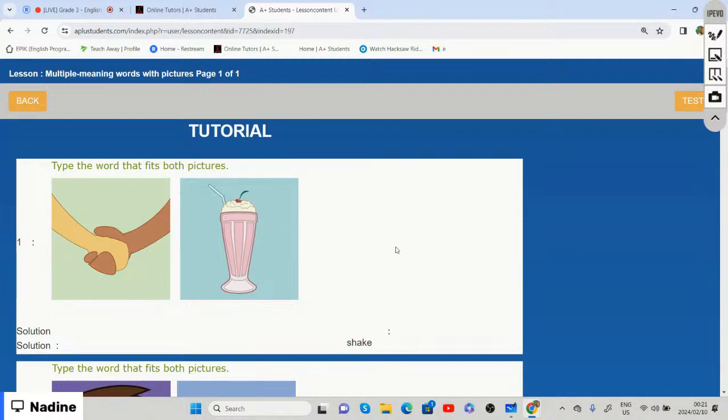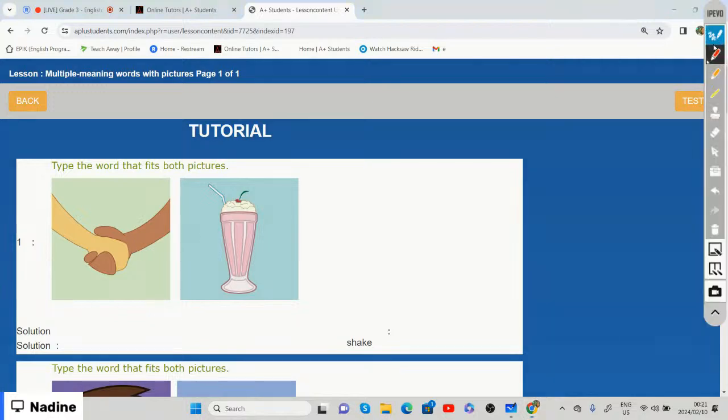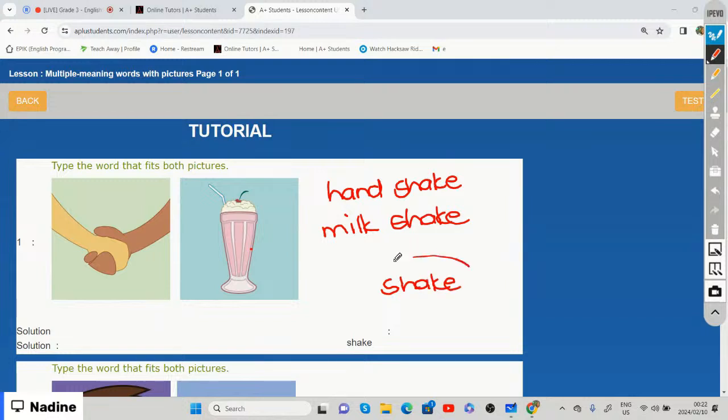If we look at one specific word which matches both of these pictures, the first one is a handshake, and this one over here is a milkshake, right? Which means that both of them, we call it shake. Here they are shaking hands, and this is basically a milkshake. Sometimes they don't even call it a milkshake, they just order, for example, a shake.